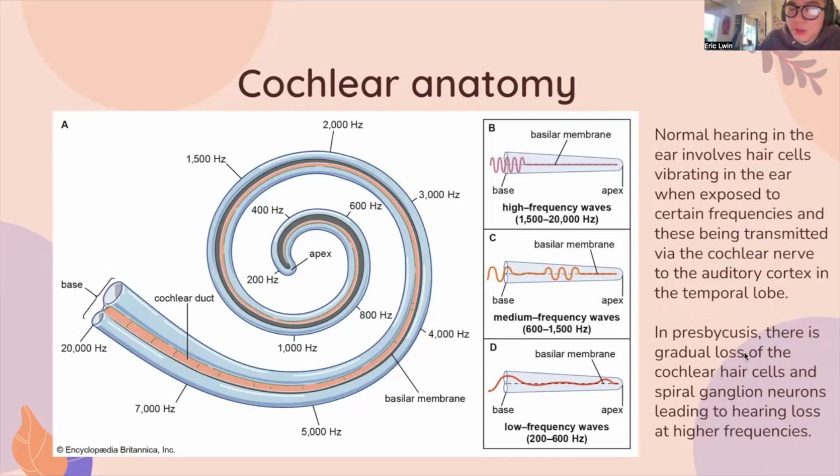In presbycusis, which is age-associated hearing loss, there's a gradual loss of cochlear hair cells and spiral ganglion neurons, leading to hearing loss at higher frequencies. So these higher frequencies are on the outside of the cochlea. Just as kind of a fun fact, but I don't think they usually ask about this level of anatomy in the exams.